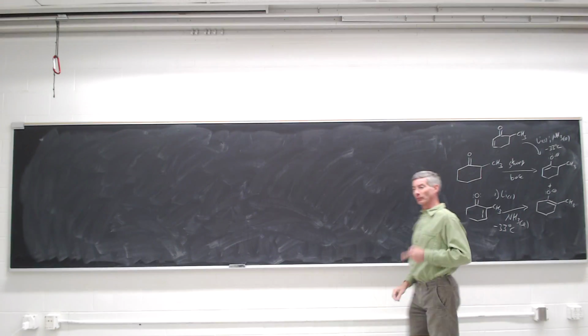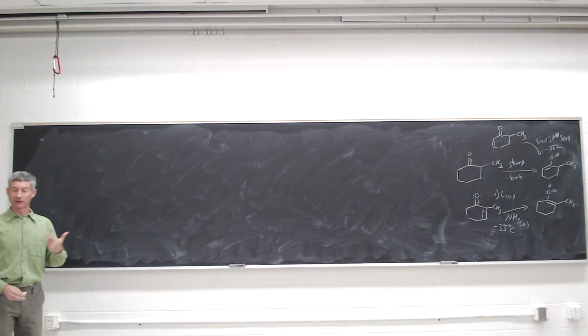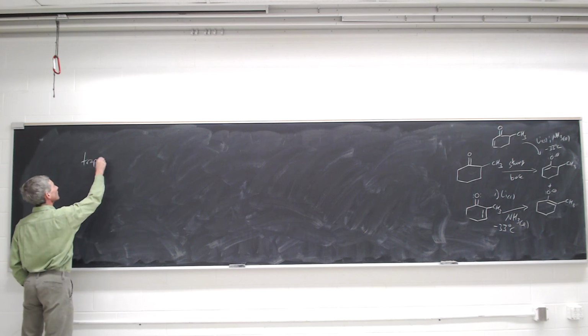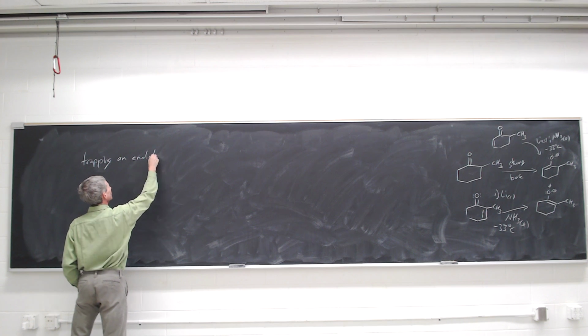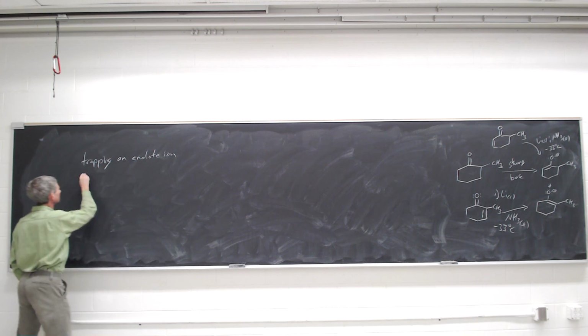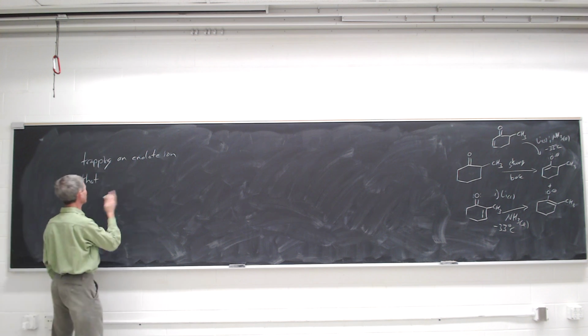And in fact, it represents a really powerful way. This trapping of an intermediate enolate that's generated by conjugate addition is a way of building up a complex molecule quickly from simple components.